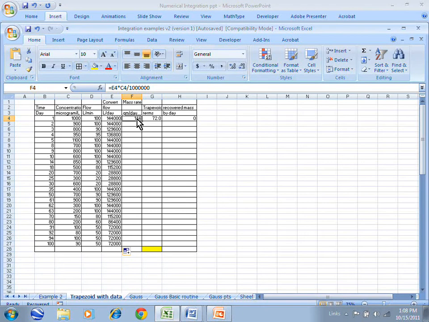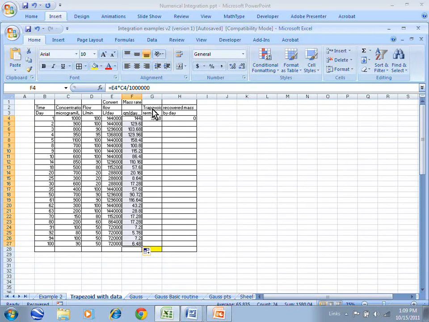And so that's the mass rate for this particular cell. So it's that number times that number, and then this 10 to the 6th to convert the units. And then I can copy that down, and there's the mass rate for each day.